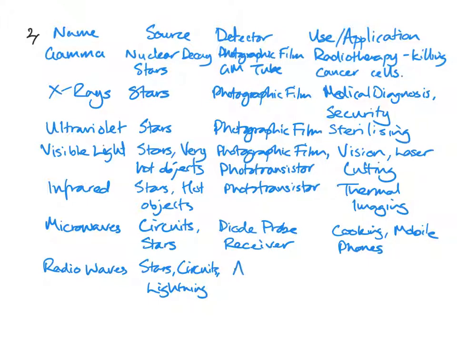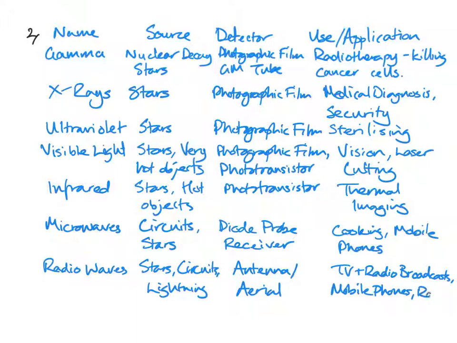And the detector could be called an antenna, also known just as an aerial. So the uses, TV and radio broadcasts, mobile phones again, and radar.